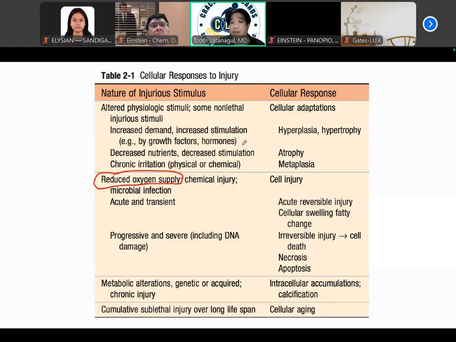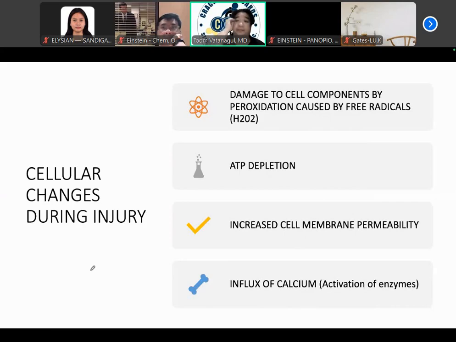And the cellular response will either be hyperplasia, hypertrophy, atrophy, metaplasia, dysplasia, until you get cancer. And another cellular response, which eventually leads to death, is either going to be necrosis or apoptosis. I just want to quickly highlight that.